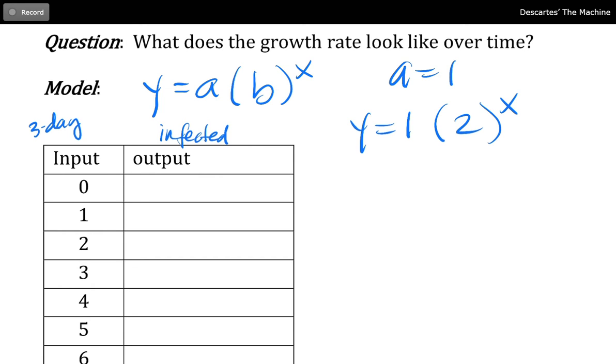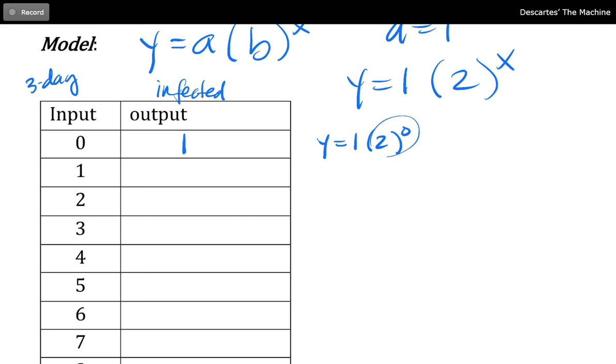So at time 0, x is 0, and I get y equal to 1 times 2 to the 0. And 2 to the 0, we know that's 1, so I just get 1. Of course, you start with 1, so the math works out. Now, after 3 days, it's doubled. So after one 3-day unit of time, I would have 2.